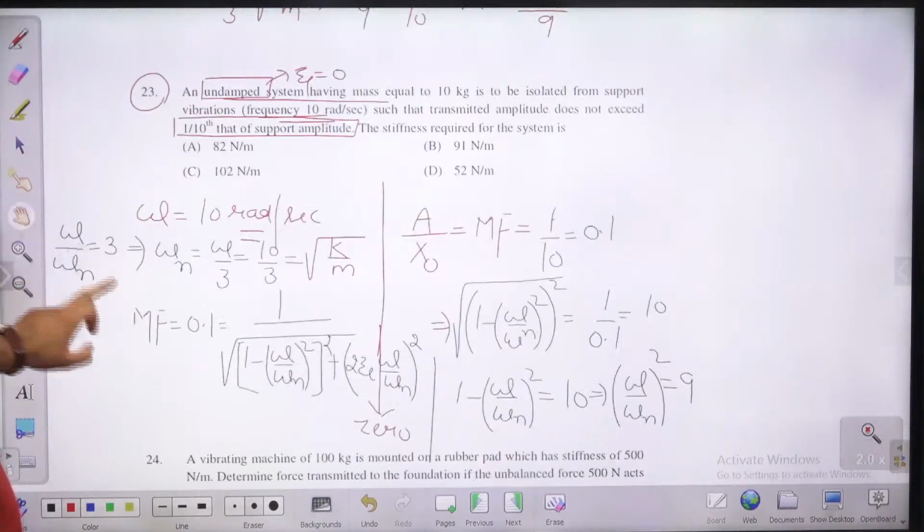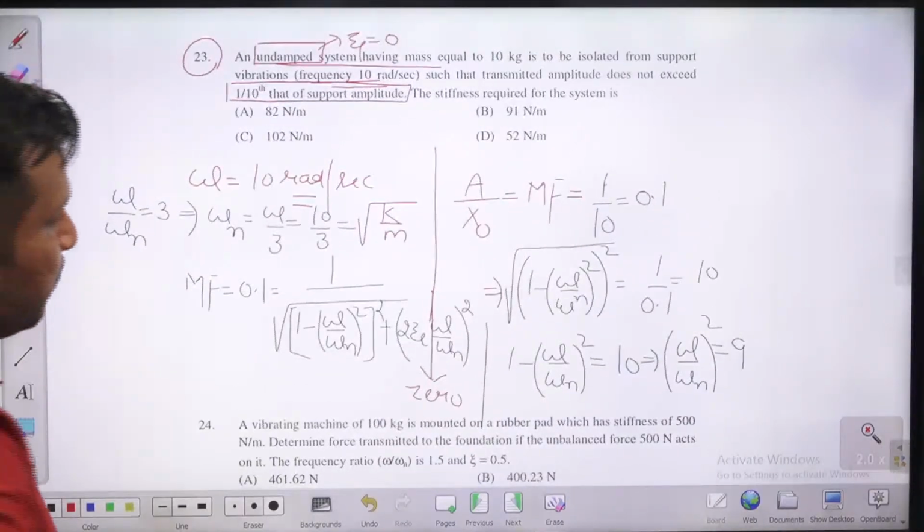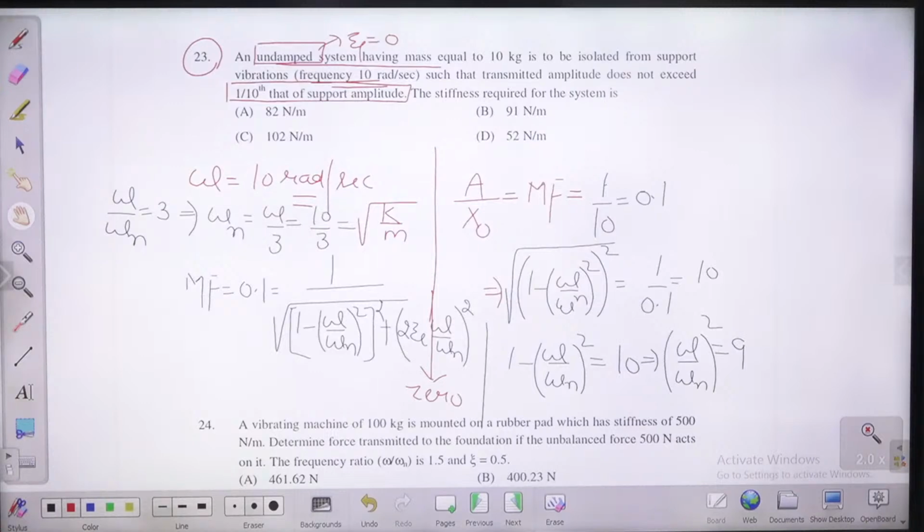Please check the calculation part again, guys. 1 minus omega by omega n square equal to 10. I think I'm getting this only.